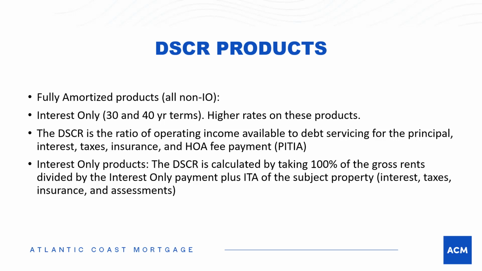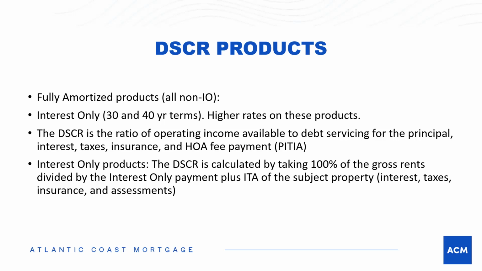So interest only is good for getting the payment low enough to match the DSCR ratio, which I'm going to explain in a little bit. But it is available. And of course, the longer the term, or when you add interest only, the rate goes up as well.